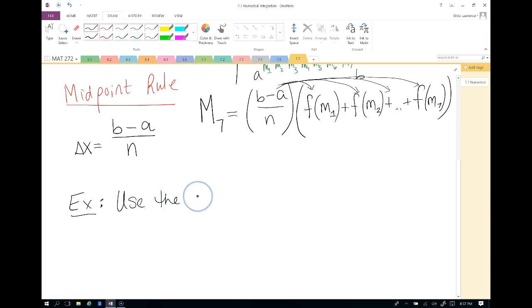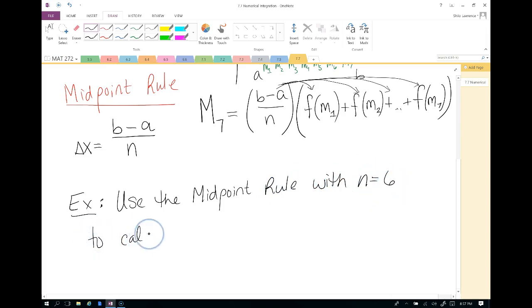So we're going to use the midpoint rule with n equals 6 to calculate the integral from 0 to 3 of x over x squared plus 2 dx.